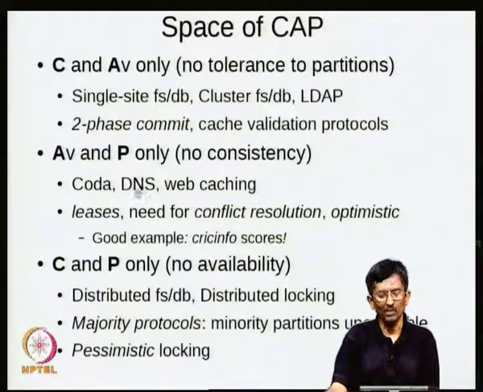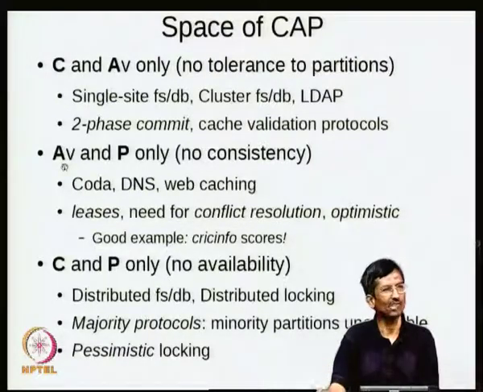It turns out DNS, web caching and disconnected clients usually do not provide consistency. They give you availability, some information, some score is available to you, but no guarantees on how good the score is. Same thing with DNS, because it also does some kind of caching, and if the information is incorrectly updated for a small window of time, it can be given to you.